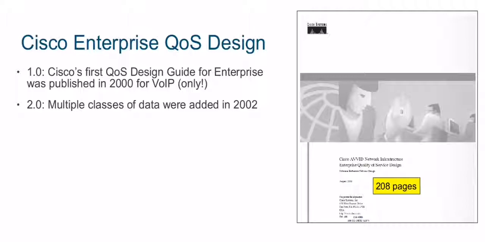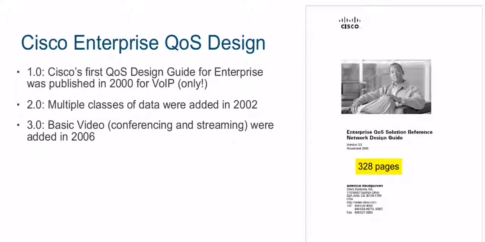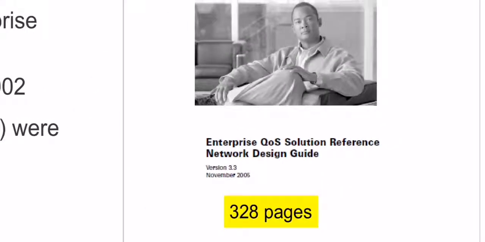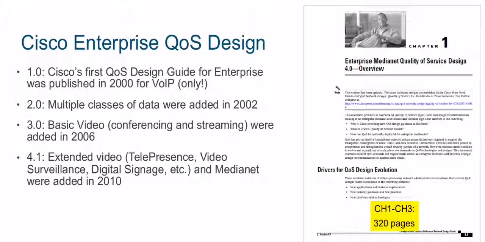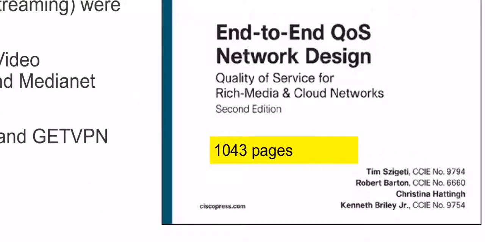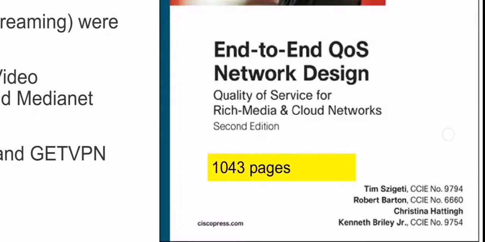So this document is for architects becoming experts in QoS. That's why we'll just have an overview of it. As you can see, this is the previous version, Enterprise QoS Solution Reference Network Design Guide, version 3.3. Cisco Enterprise QoS Design Guide, 1043 pages from Tim Sigeti. He's the principal engineer.